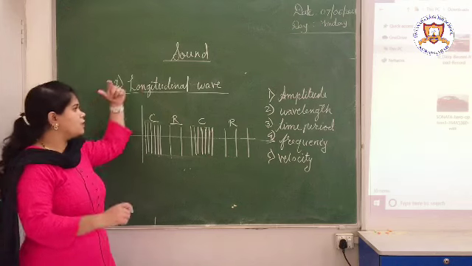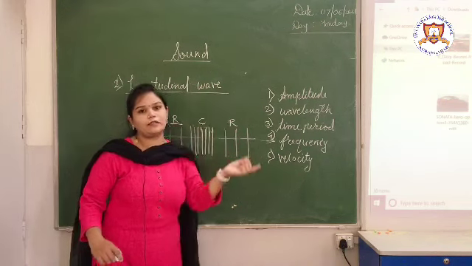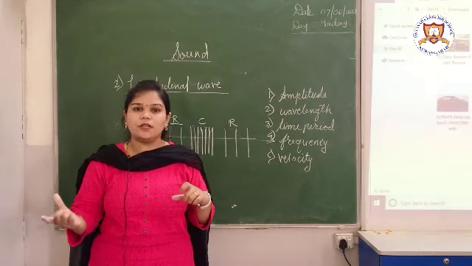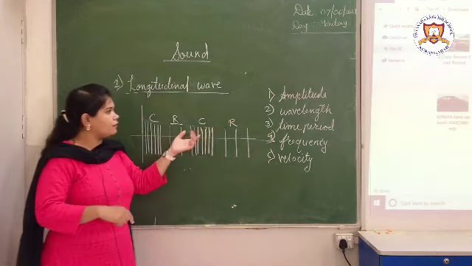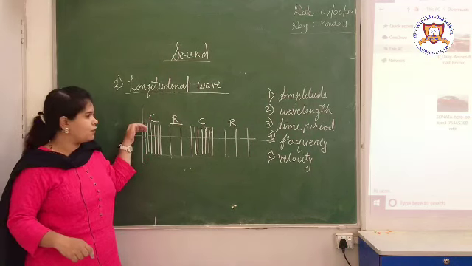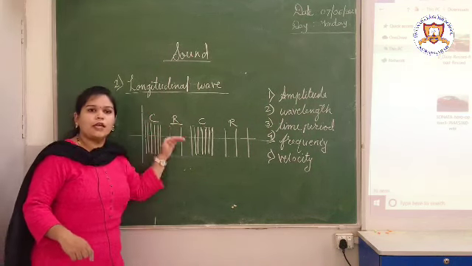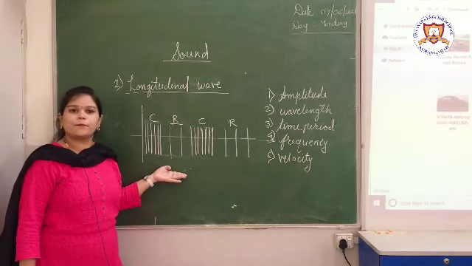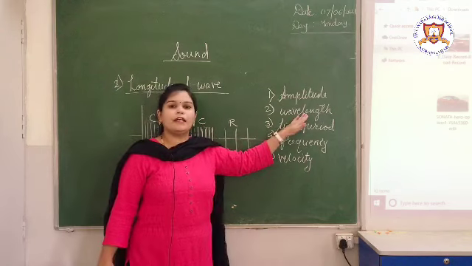Here, and in the transverse wave also, in both cases we can define amplitude. As we increase the amplitude, the distance from the mean position is higher. Similarly, if this distance is higher in compression, it also gets larger on the lower side in rarefaction. The next is wavelength.